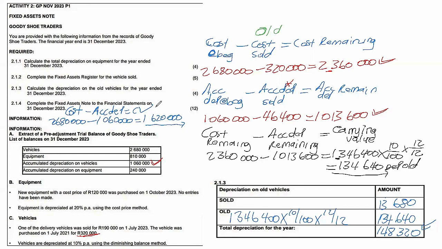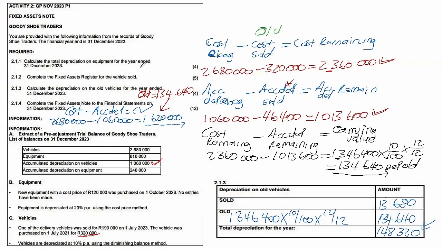If your carrying value is higher than your depreciation of your old. So for vehicles, depreciation for old vehicles was 134,640. If ever your depreciation is higher than your carrying value, that means your assets are fully depreciated.